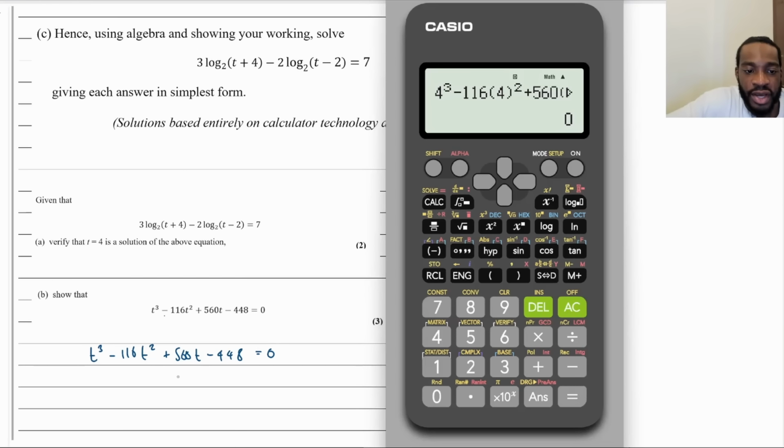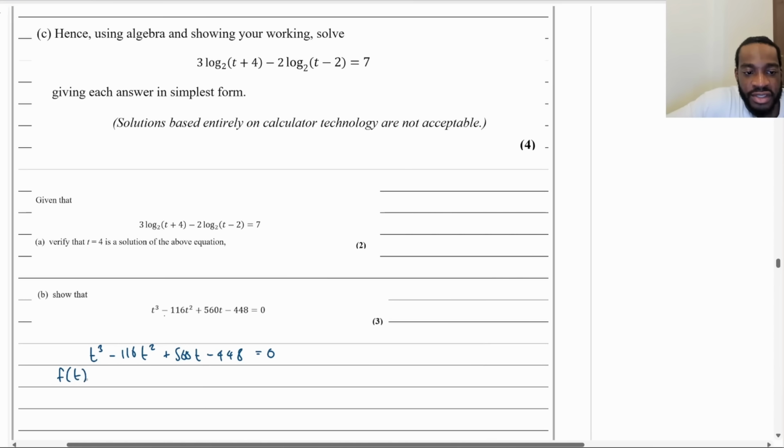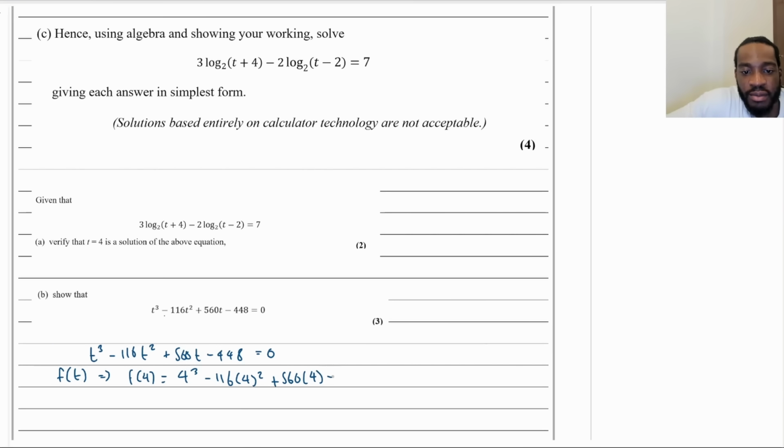We get 0, okay? So what I'm going to do is, if I write this as a function, let's say I call it f of t, right? Then we've just shown that f of 4, 4 cubed minus 116, 4 squared, plus 560 times 4 minus 448, is equal to 0.